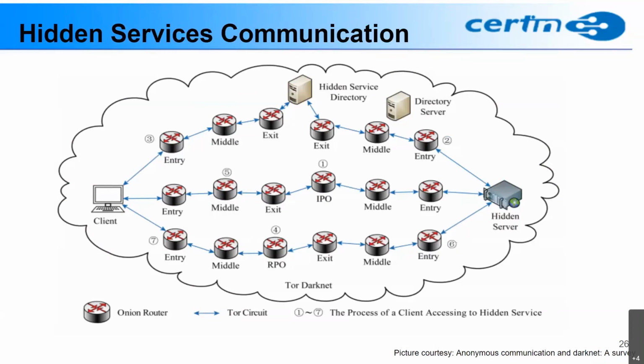So in the entire communication, if any person is sitting in the middle, he cannot know who is communicating with whom, because different paths are being selected by the hidden server. So this is the way how dark websites are hiding themselves behind the Tor network.